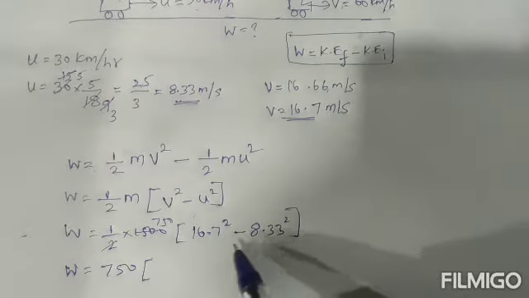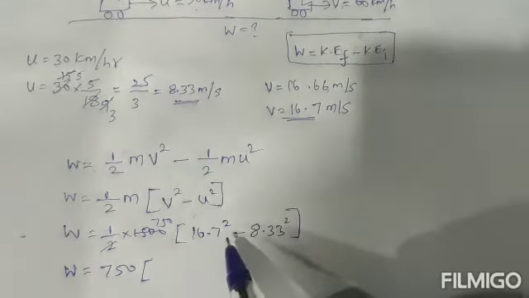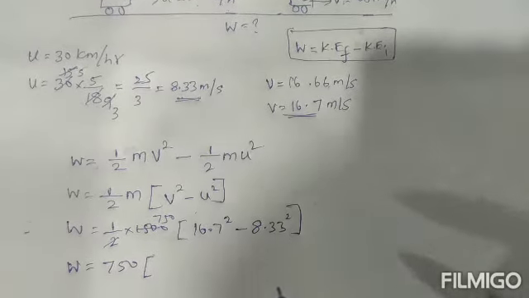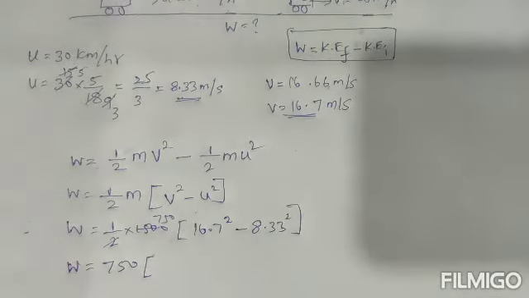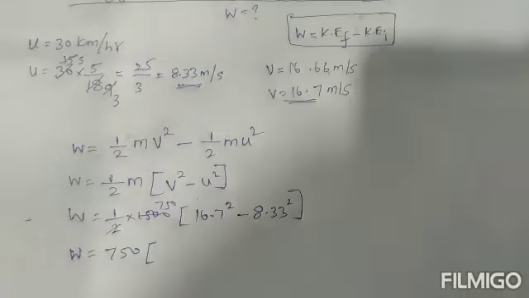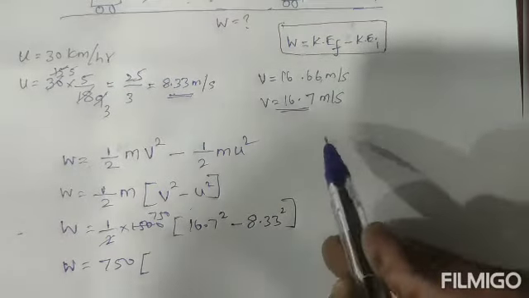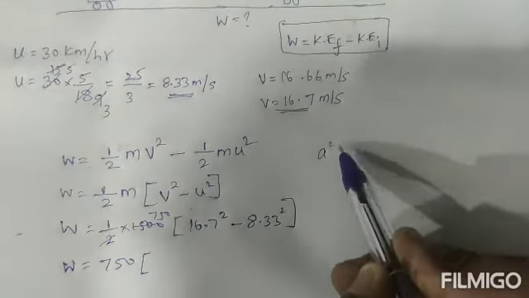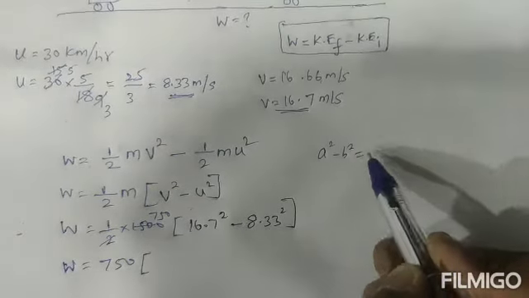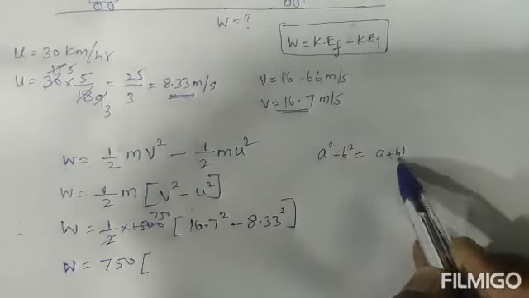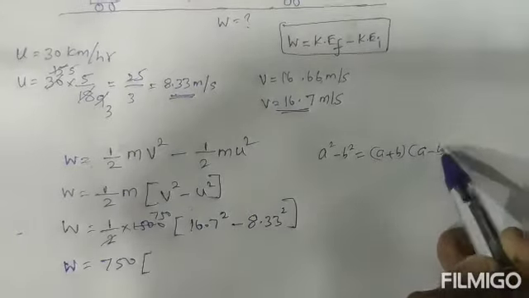Now I'm going to calculate in an easy way. I will not take the square here. So I'm going to use an algebra idea. Please listen. We know very well that a squared minus b squared we can write as a plus b into a minus b.